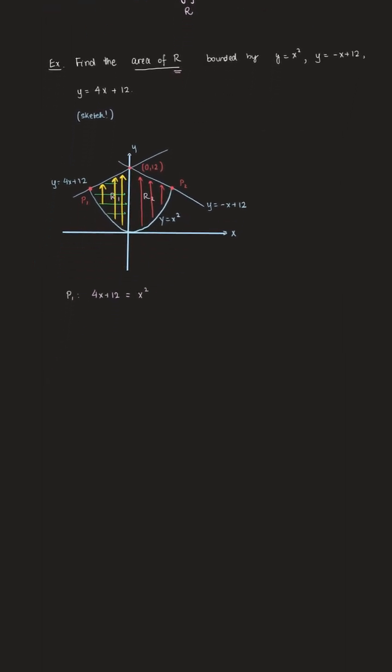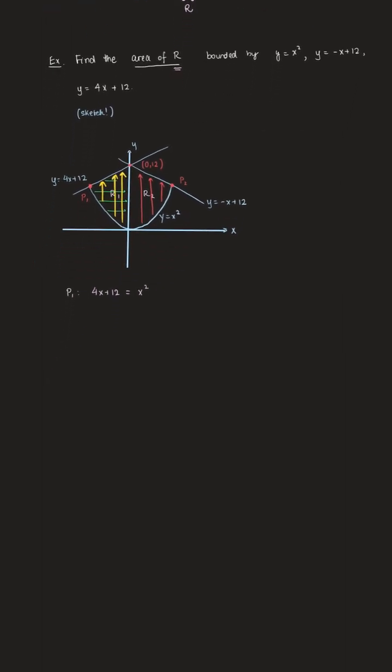So we have x squared minus 4x minus 12 equals 0. And we can factor this into x minus 6 times x plus 2. So this gives us x equals negative 2 and x equals 6. And so our point has to be negative 2.